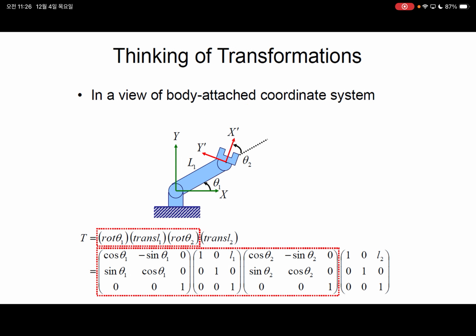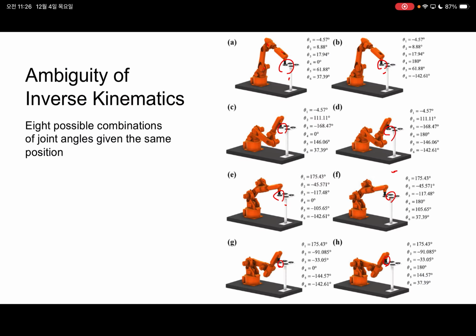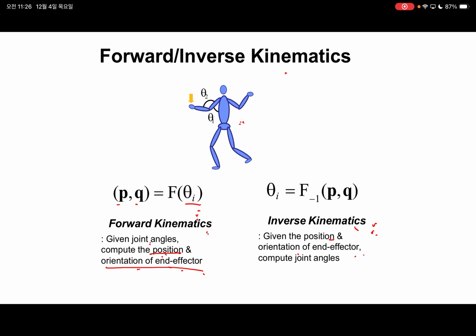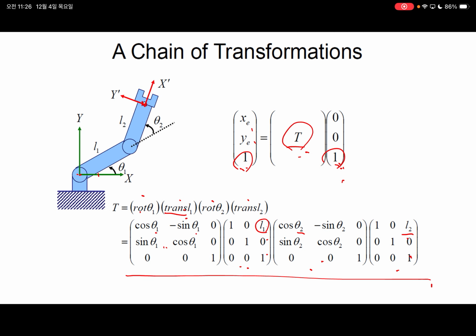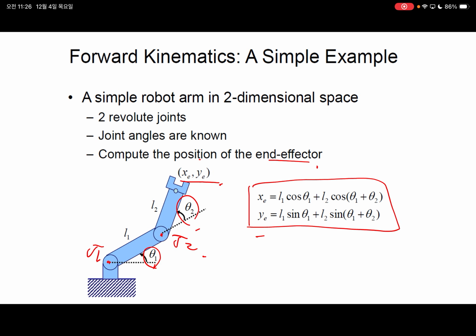And here, as I said, for kinematics, using theta, we'd like to get the position and orientation of the end effector. This one is just the length of the robot part. Length is fixed, right? Once we design robots, length does not change, so we can treat it as a constant.